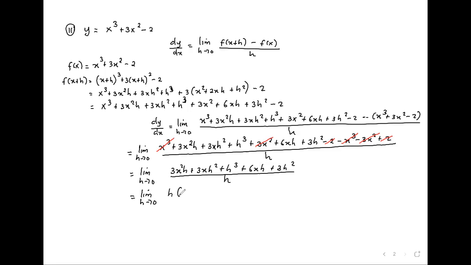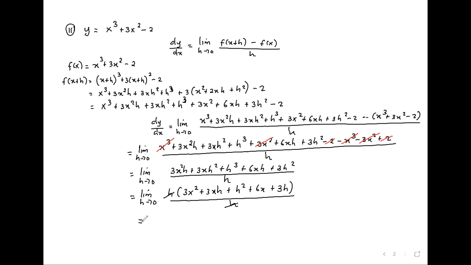So if we factor it out, we'll have 3x squared plus 3x h plus h squared plus 6x plus 3h, everything over h. So this h and this one will cancel.